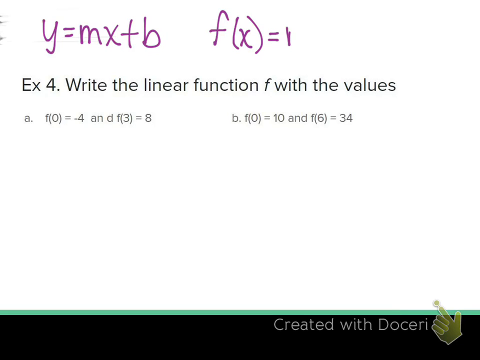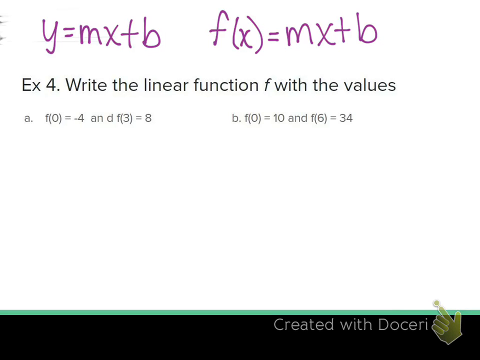And we could still write it as mx plus b. So really, these problems are going to be very similar as far as the answer goes. The only difference is that we are going to have an f of x instead of a y. Other than that, our answers are going to look the same.